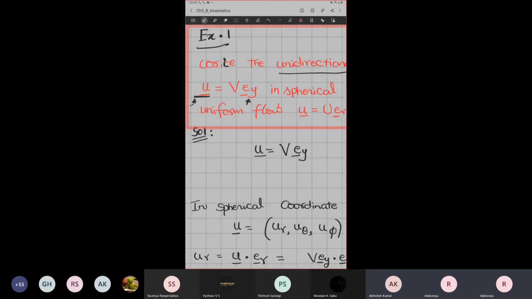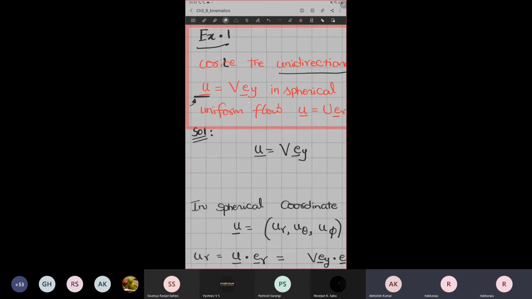So e_y represents the unit vector in the direction of y. And it has some constant V naught or capital V, which is different from your small v. It can be even capital A multiplied by e_y. This capital A may be a function of y, it can be even a function of x, it can be even constant. But what we will have is that it depends only on one particular coordinate.